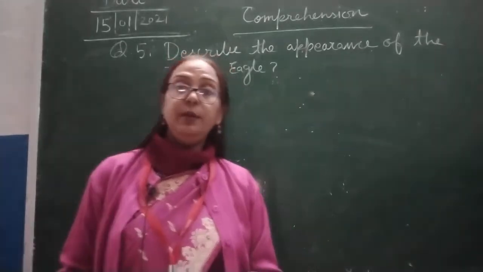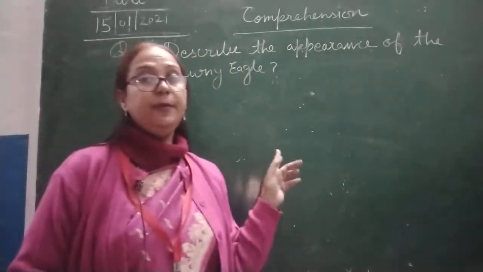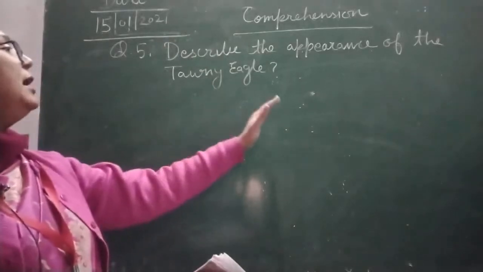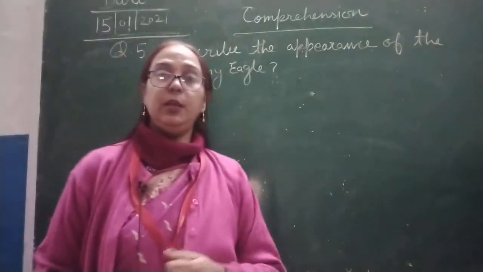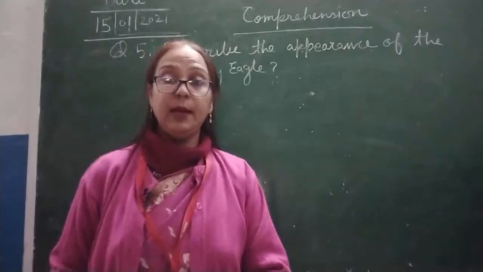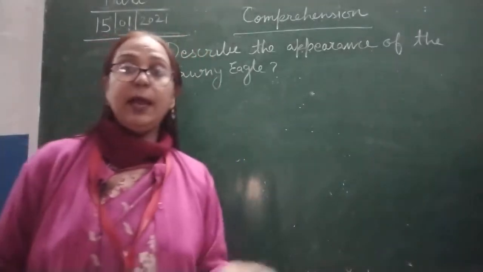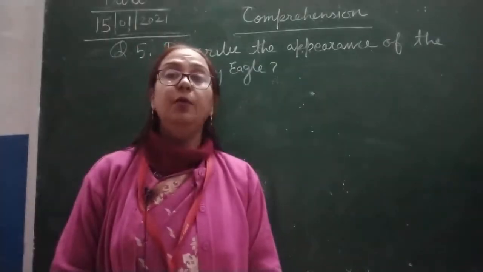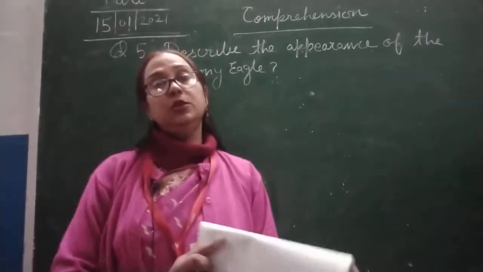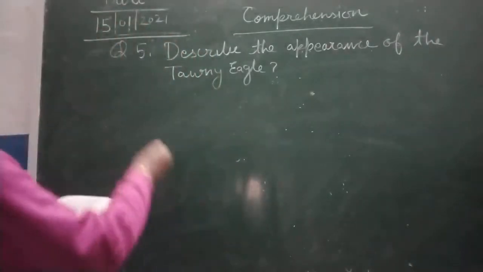So now children, because this is question number 5 and it is asking to describe the appearance of the tawny eagle, we should summarize this whole passage and write the appearance of the tawny eagle. So children, let's write the answer.